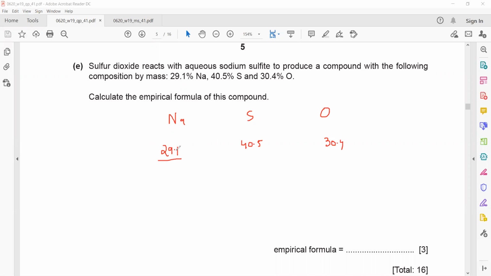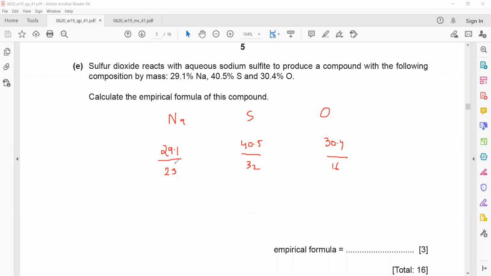Because you will have the periodic table in the exam, you can use that periodic table and find the atomic mass. For sodium, it is 23. So sodium is divided by 23, sulfur is divided by 32, and oxygen is divided by 16.